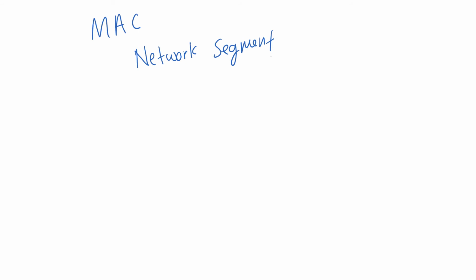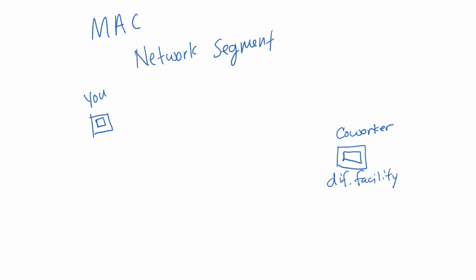Let's draw a simple diagram. This is you. This is coworker in a different facility. Let's say across the country or something like that. You're sending an email to your coworker, and to do that, it has to go through your corporate network.